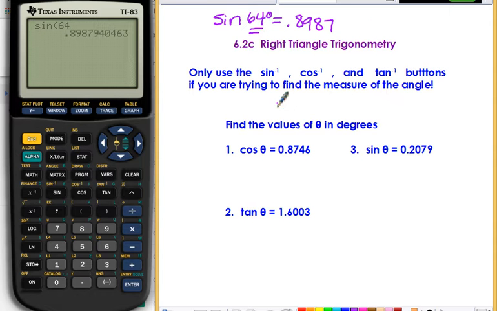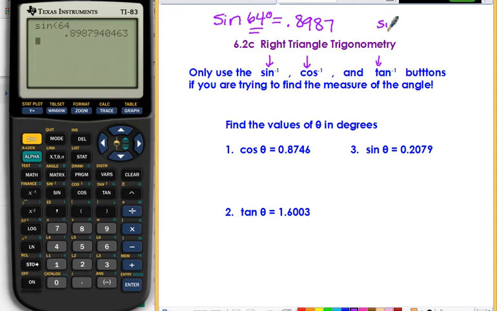In that case, we use what's called the inverse trig function. This is the inverse sine button with the -1 next to it, the inverse cosine and inverse tangent. Even on the blue calculators, they don't have their own button, but you can see that they're above the sine, cosine, and tangent, so you have to hit the second button first.